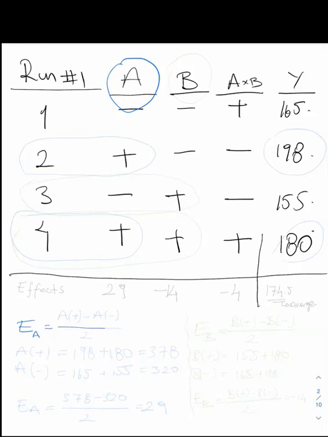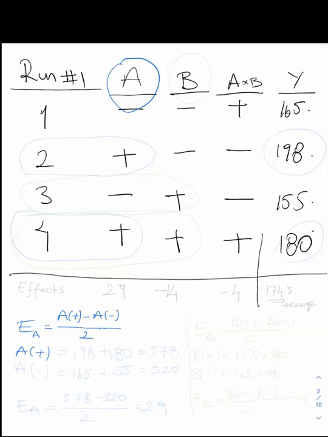And that's defined as the sum of all the values when A was plus minus the sum of all the values when A was minus, divided by 2. So if you were to define the A plus, we're going to have to go back to our table and see when the A was plus, right?